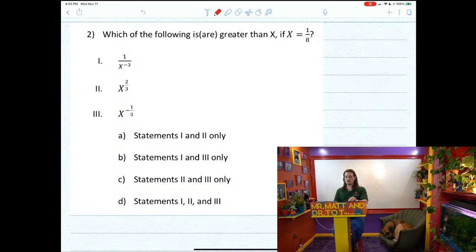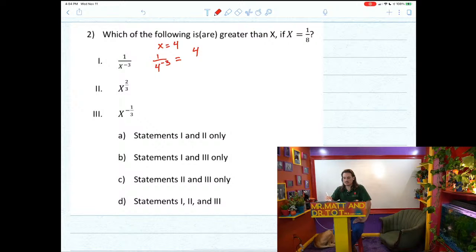Okay, so if we were to assume that x were greater than 1, let's say x is equal to 4, then 1 over x to the negative third power would evaluate into 1 over 4 to the negative third power. 4 to the negative third power is the same thing as 4 to the positive third power.